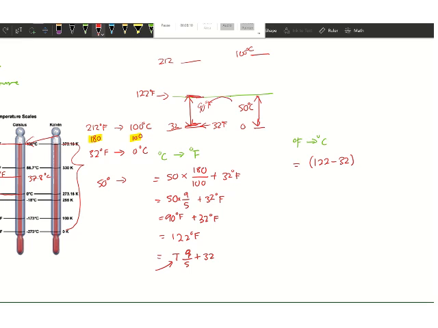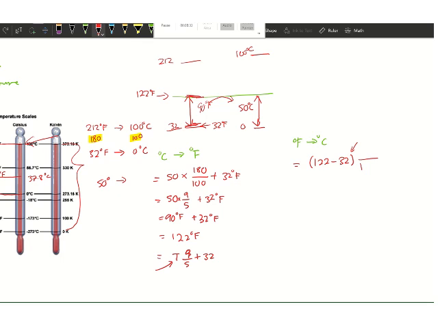Then we need to change that gap value to correspond to the scale of Celsius. Because this is in the Fahrenheit scale, as we have done before in the conversion method, we need to cancel out the Fahrenheit part.